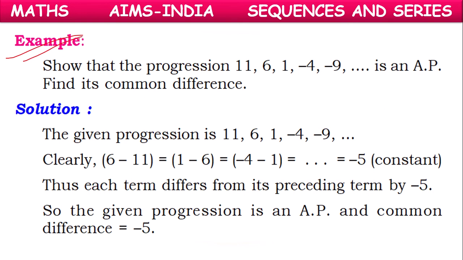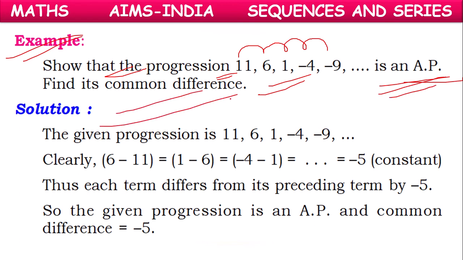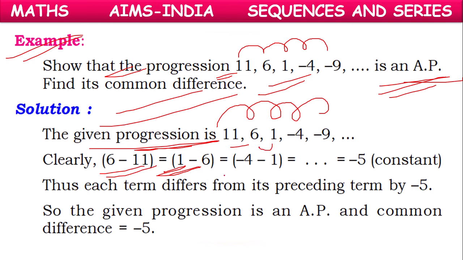So let's see an example. Show that the progression 11, 6, 1, minus 4, minus 9 is an AP. We have to show that the given sequence is an AP and also find the common difference. So if we take the difference of any two terms, a2 minus a1, a3 minus a2, or a4 minus a3, we can take any difference: 6 minus 11, 1 minus 6, minus 4 minus 1.